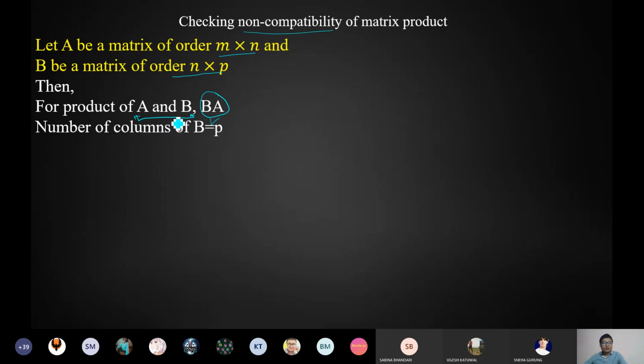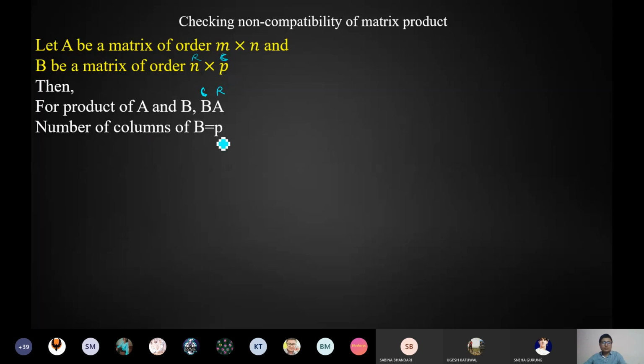So we need to check the columns and the rows, the columns of B and the rows of A. The number of rows of matrix B is n, and the number of columns of matrix B is p.